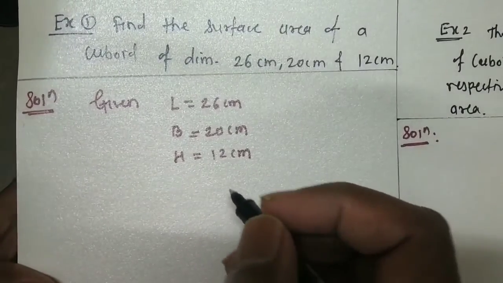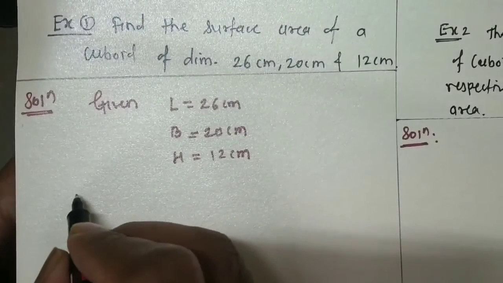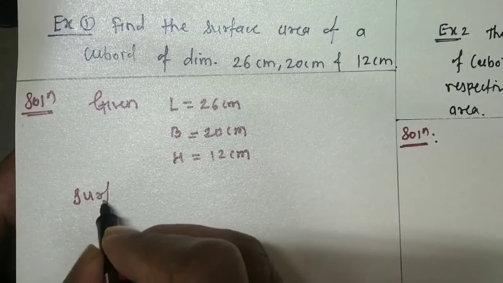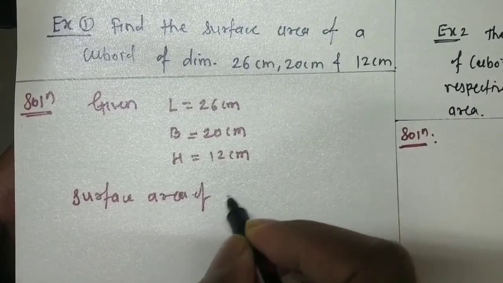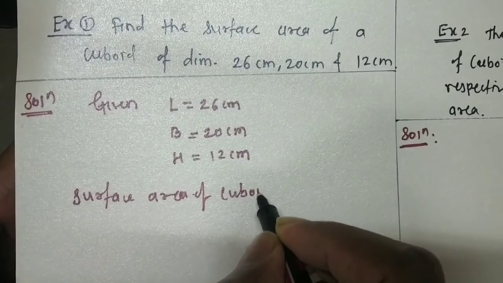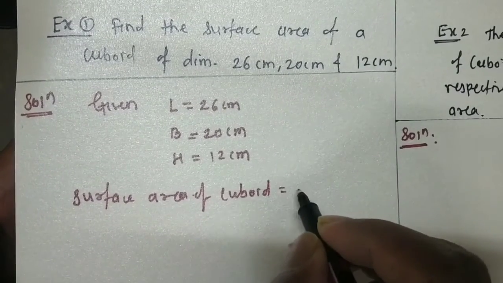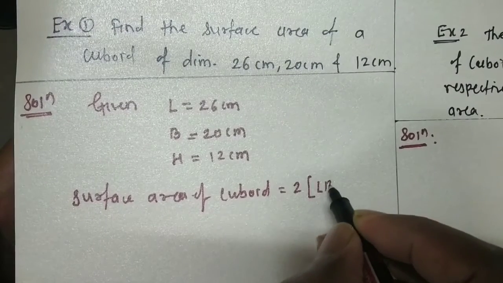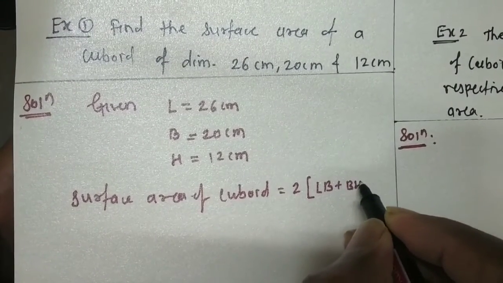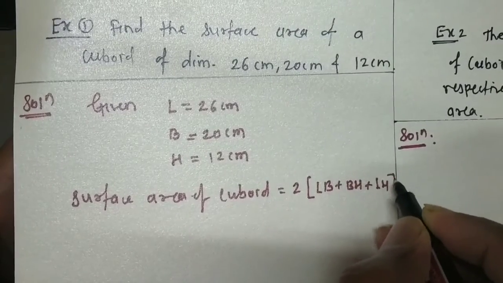Now we will find out the surface area of the cuboid. What is the formula? Surface area of a cuboid is 2 into (LB plus BH plus LH).